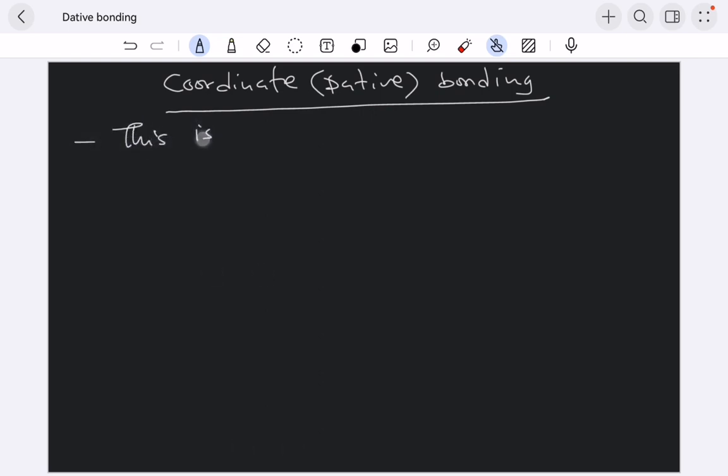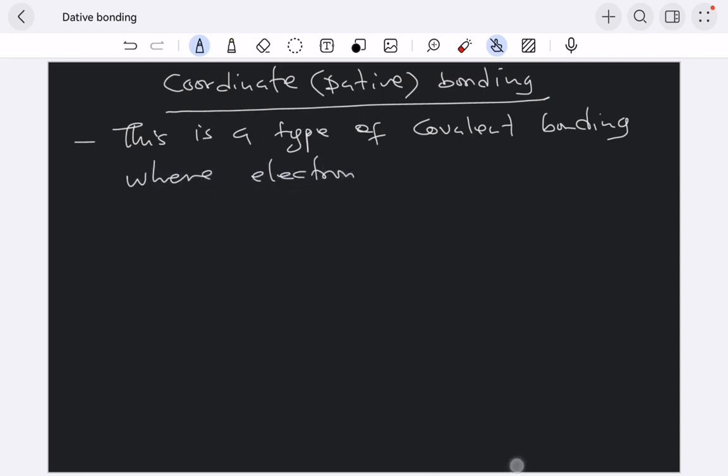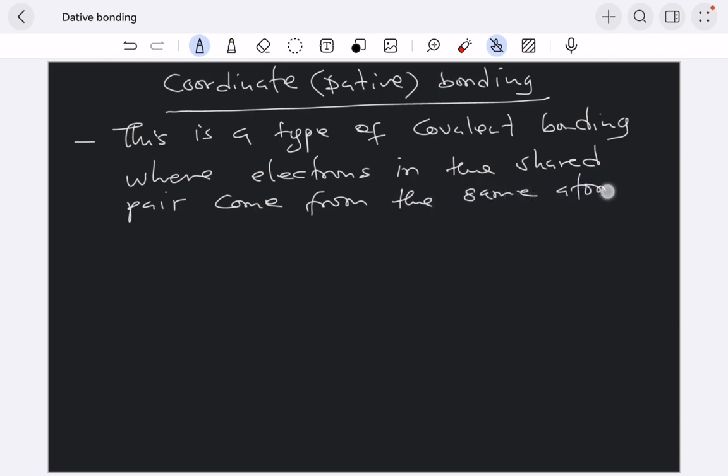We say this is a type of covalent bonding where electrons in the shared pair come from the same atom.